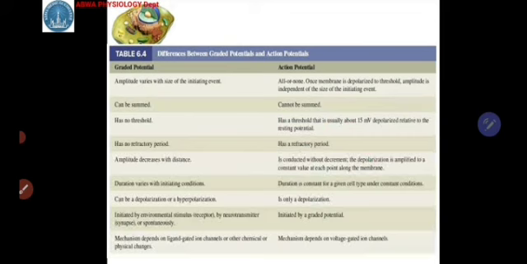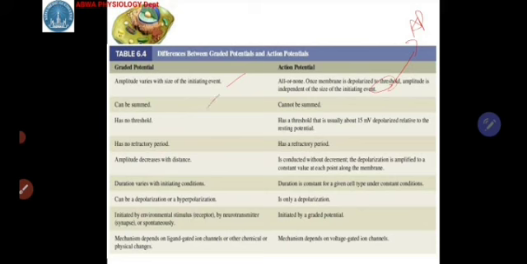Screenshot this table of differences between graded and action potential. It is very important. For graded potentials, the amplitude is small and varies with the size of the stimulus. There is a depolarization or repolarization. For action potentials, there is no such amplitude variation: once the membrane is depolarized to threshold, amplitude doesn't matter, they have to go for action potential or not.